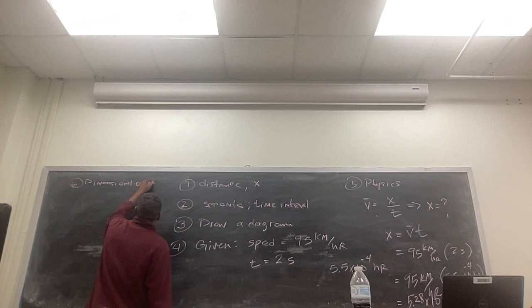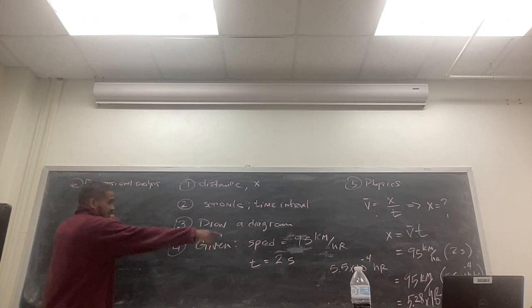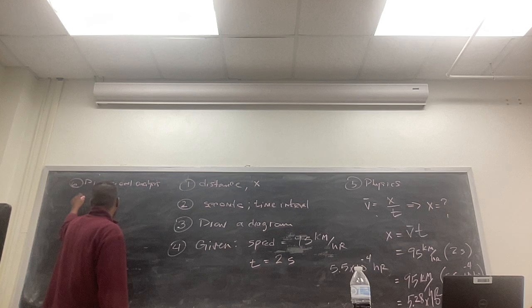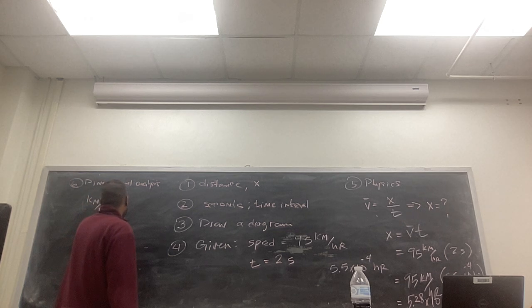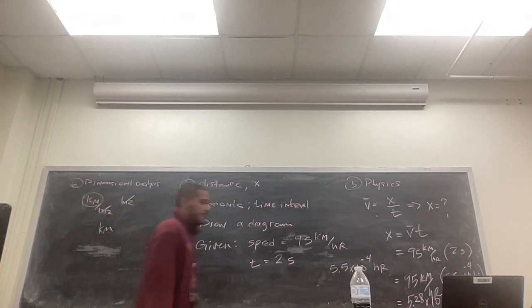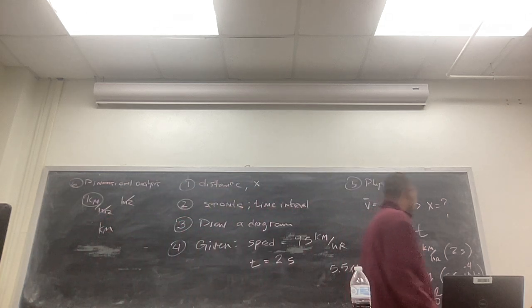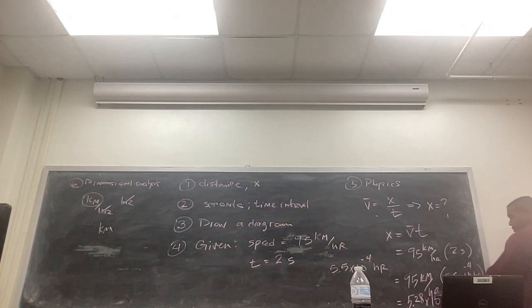And that's what we just did, where we said kilometers per hour times hours, and we're going to end up with kilometers. And those come from here, kilometers per hour and hour. Everybody following that? Okay, good.